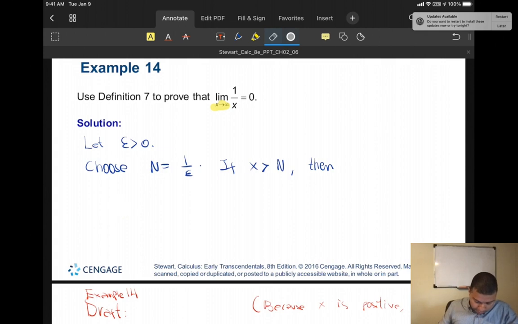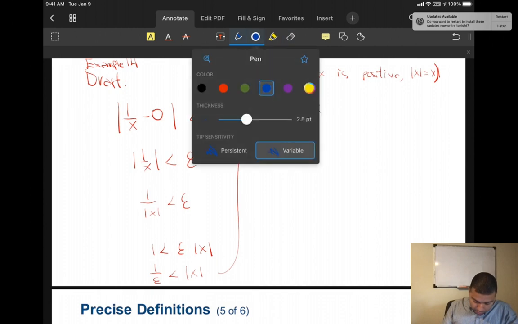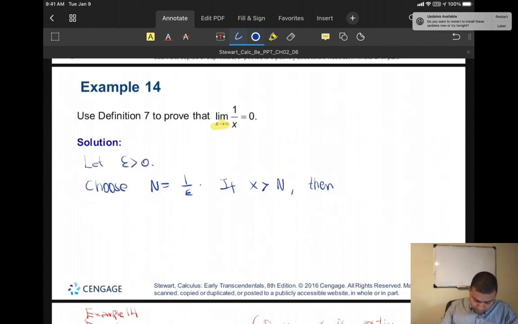So I'll do my math here backwards. I start here at the bottom now and I walk back. I'll go backwards, use my draft now.